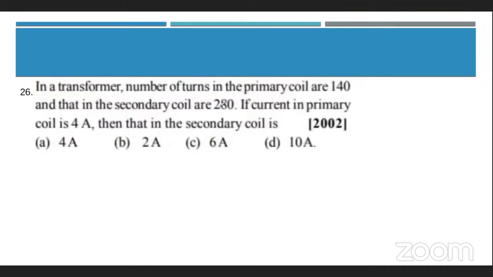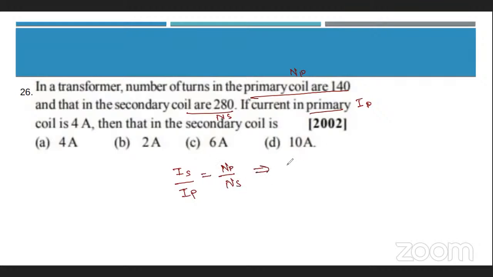Right. So the next question is, in a transformer, the number of turns in the primary coil is NP and in the secondary coil is NS. The current in the primary coil, IP, is given. So we know the ratio formula for a transformer: IS, the current in the secondary upon the current in the primary, is equal to the number of turns in the primary upon the number of turns in the secondary.